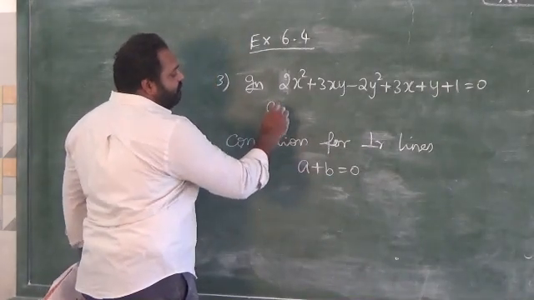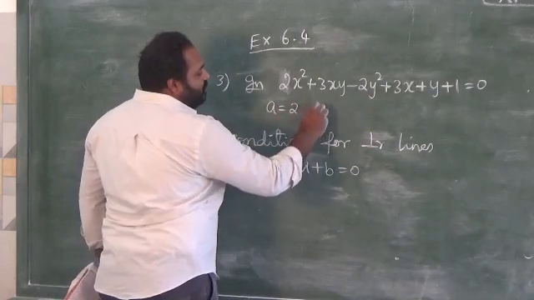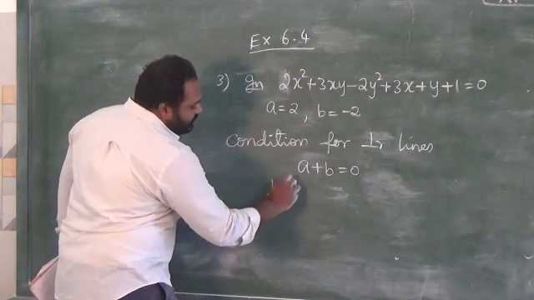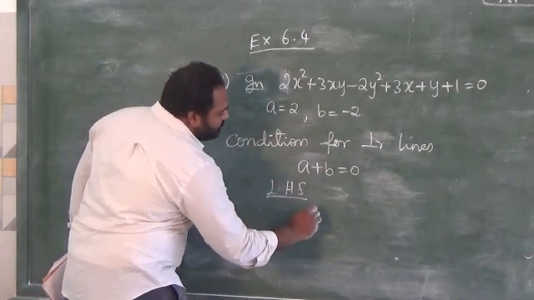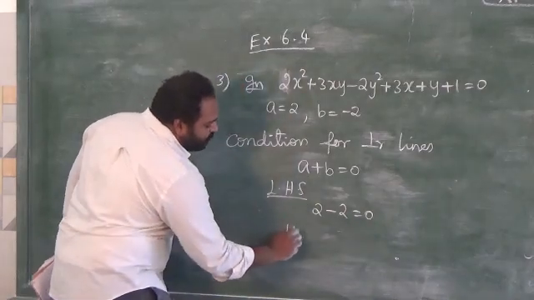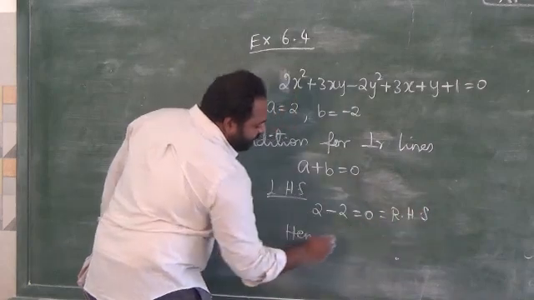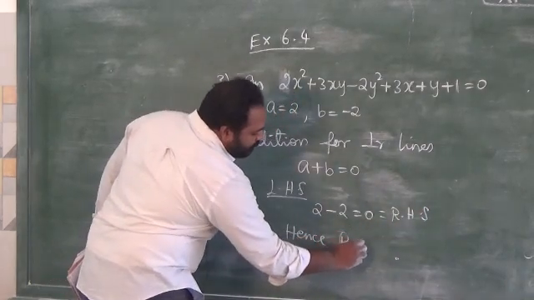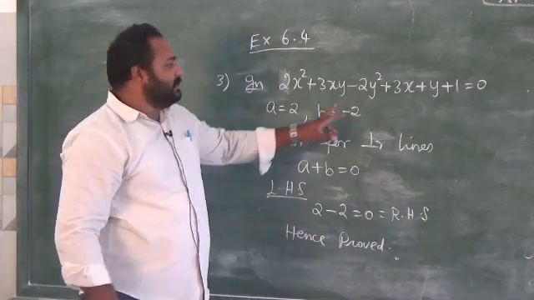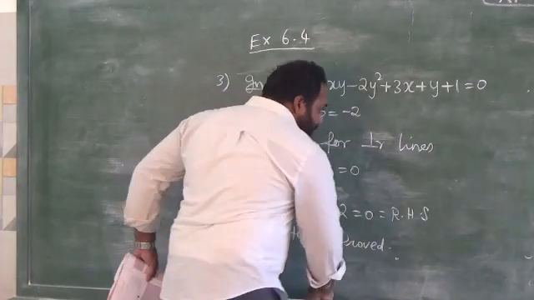I told you the value of a is the coefficient of x square, which is 2. b is the coefficient of y square, which is minus 2. So now LHS: a is 2, b is minus 2, so a plus b equal to 0. Hence proved. LHS equal to RHS. So the given pair of straight lines is a pair of perpendicular lines. So third question over. Next, fourth one.